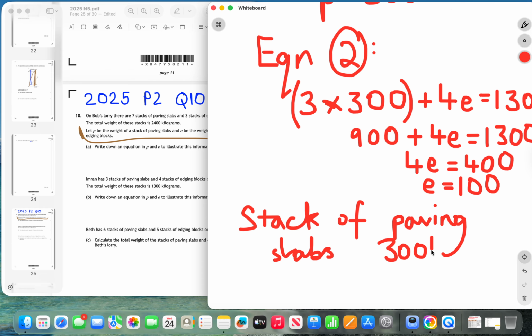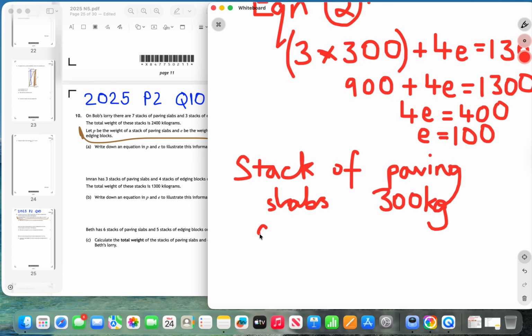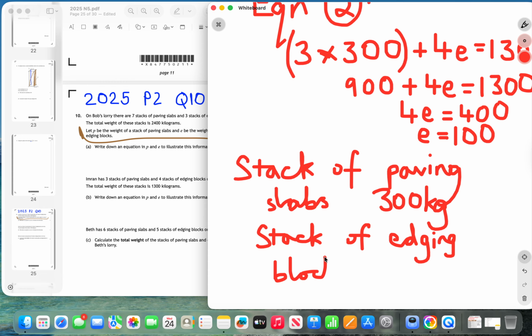We want to actually state or explain what P and E mean in context. And the weight of a stack of edging blocks, so stack of edging blocks, is 100 kilograms.